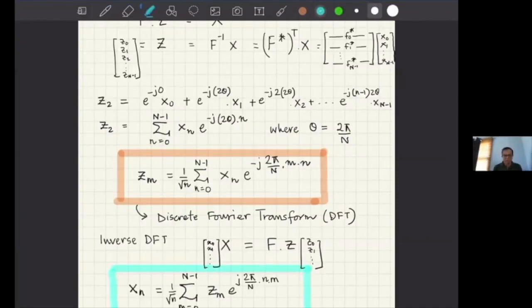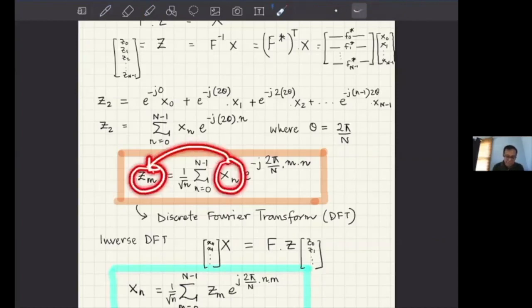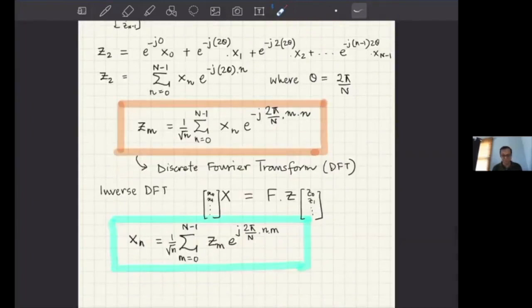So now you have a way to go from time domain to frequency domain, because zm are the coefficients in frequency domain. And if you know the frequency domain signal, zm, you have a way to go back to the time domain. And all you're doing is expressing the same signal in different basis vectors.